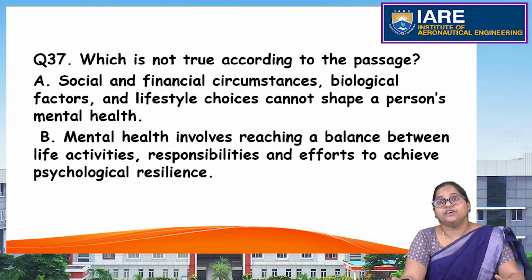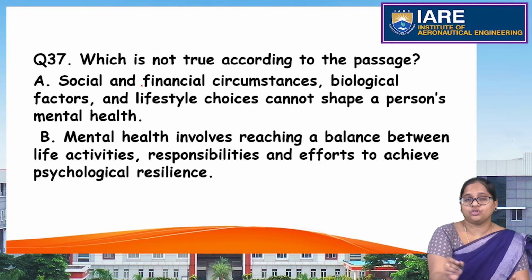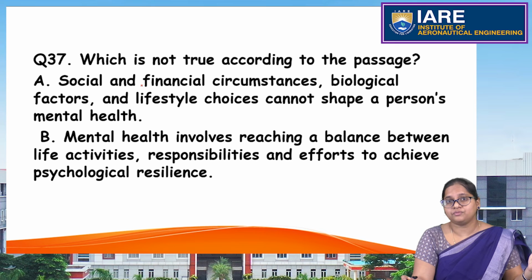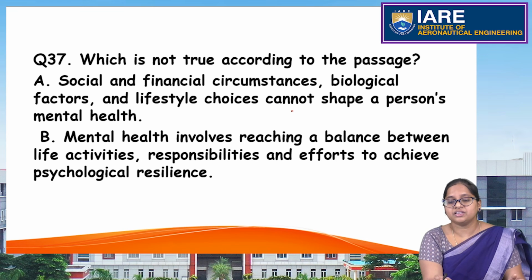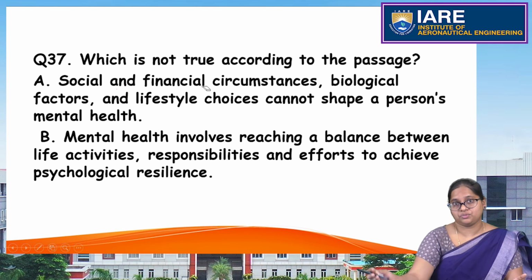Which is not true? Here, social and financial circumstances: in the previous paragraph we went back, they talk about shaping somebody's mental health. But here the statement says social and financial circumstances cannot shape it. So which is not true, which is false.